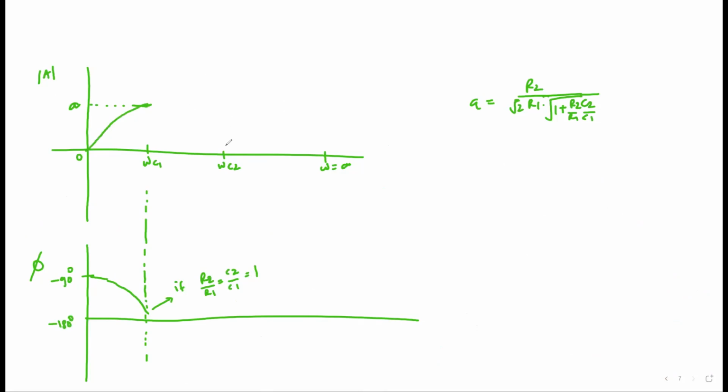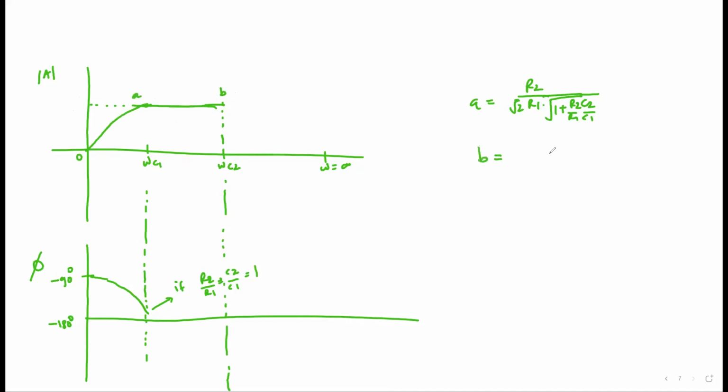So we have this at omega C2, we have another gain right here. So the gain is constant right here. And let's say this is point A, this is point B.